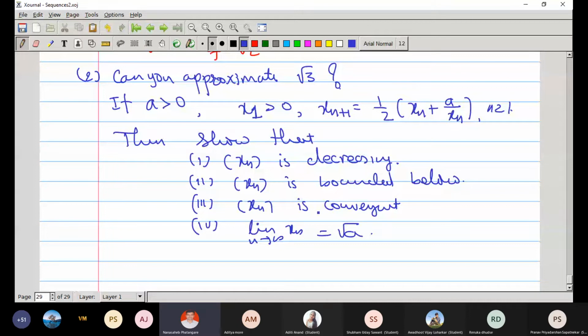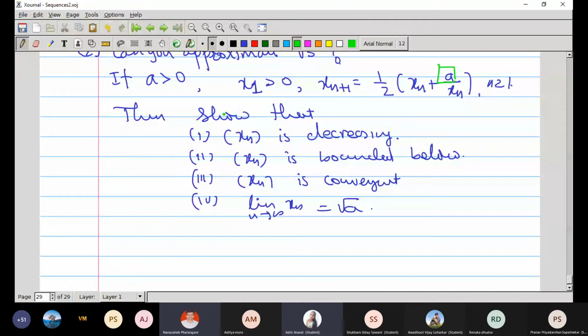And therefore, which number plays a role here? This number plays an important role, right? a upon xn. Now, can you produce a sequence of rational numbers which converges to root 3? Now you tell me the sequence of rational numbers which converges to root 3.